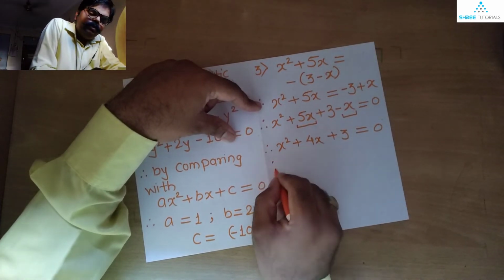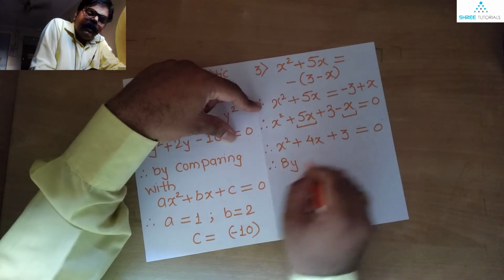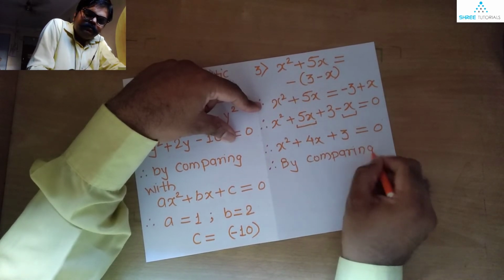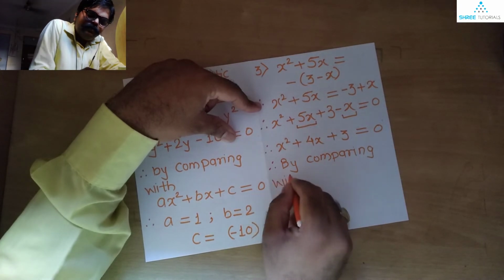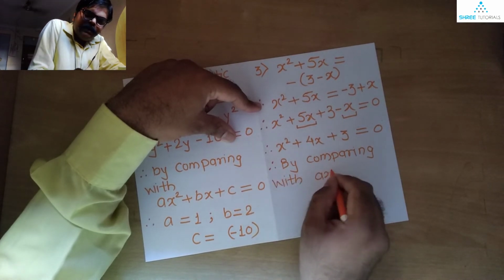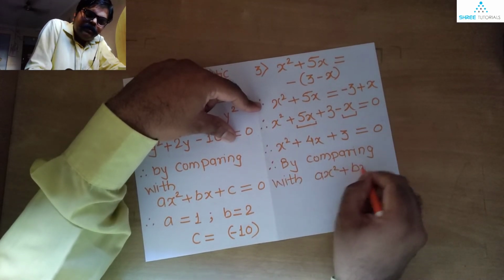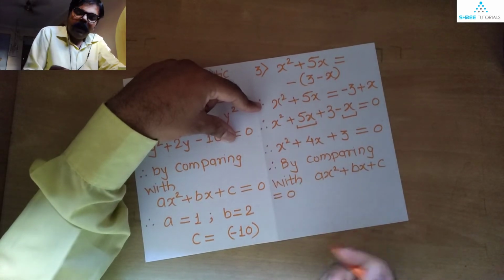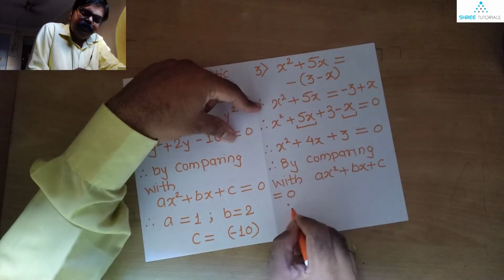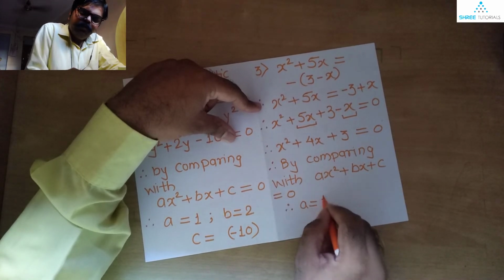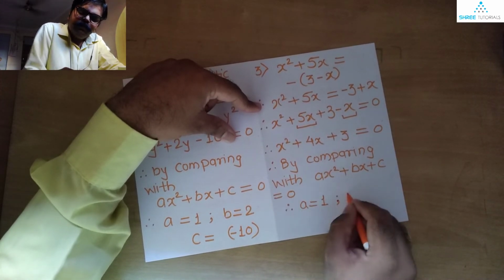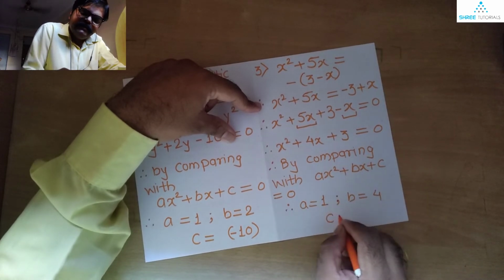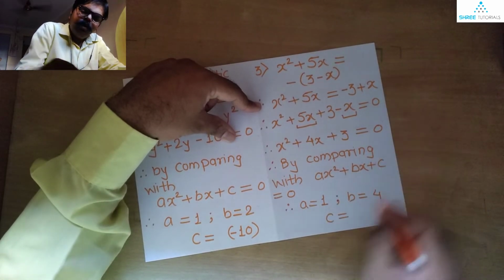Now therefore by comparing with ax square plus bx plus c is equal to 0, what we do have is a's value will be equal to 1, b's value will be equal to 4, whereas c will be having a value of 3.